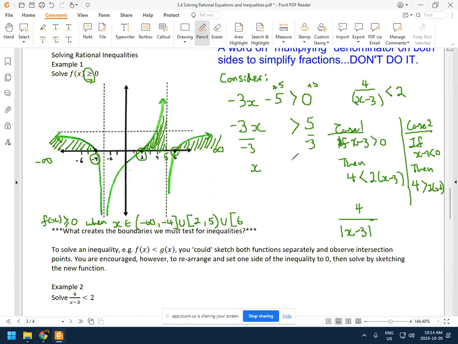For my afternoon class, I'm going to have to think of a better example so I don't confuse them. Sorry about that.